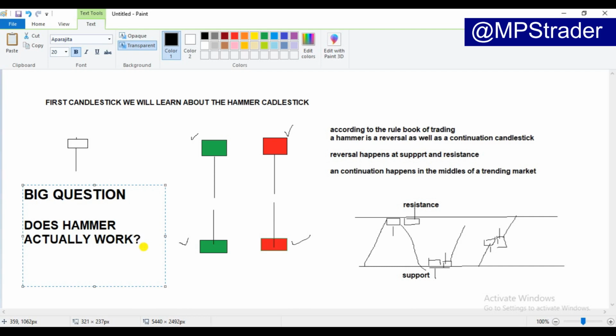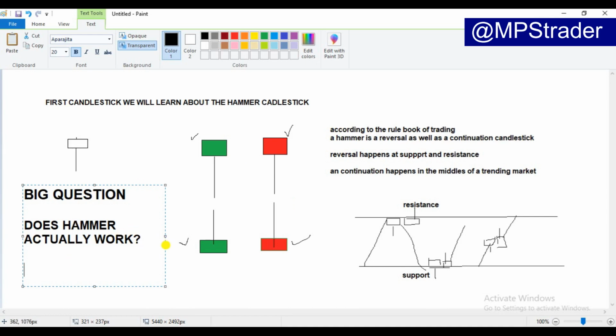If we go into the real market, I think everyone has seen that sometimes it reverses at the support or resistance and sometimes it does not reverse, and it breaks the support and resistance and continues in that direction.